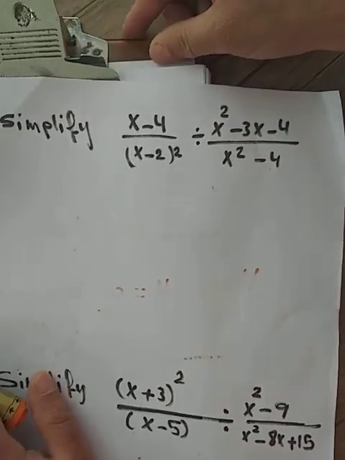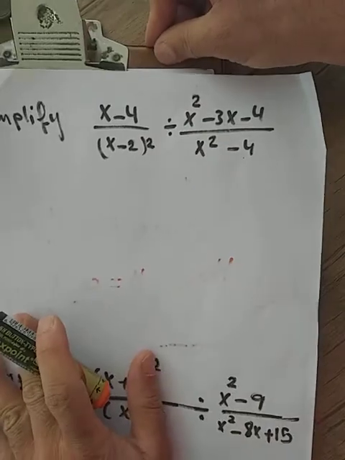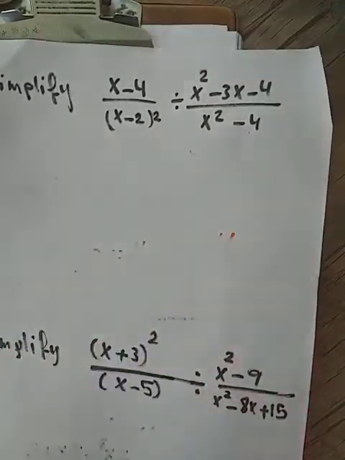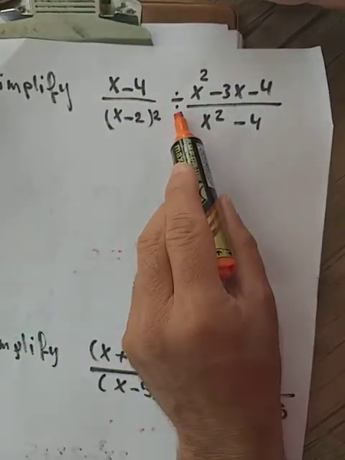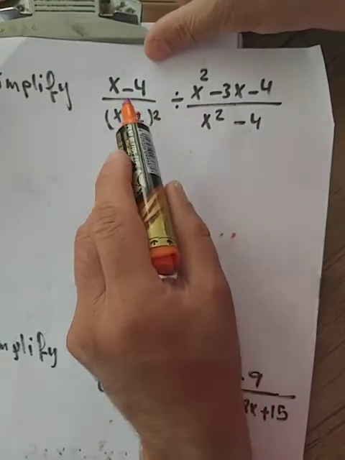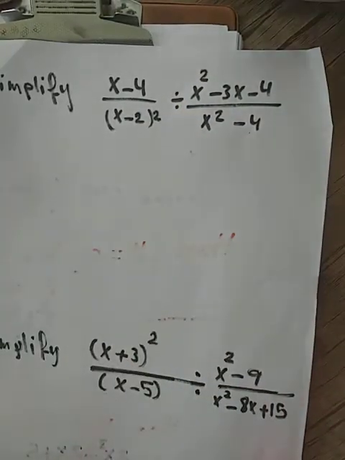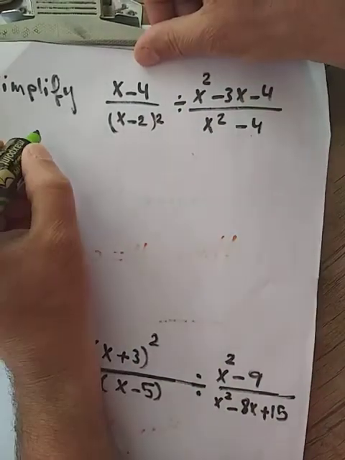Simplify. Okay. Try. We have division. First step, change division to multiplication. Convert division to multiplication.